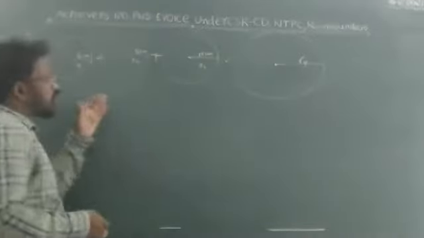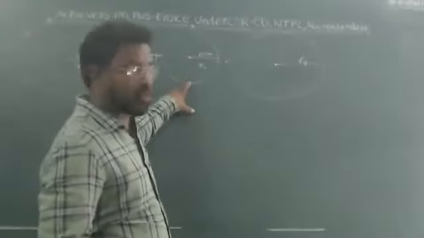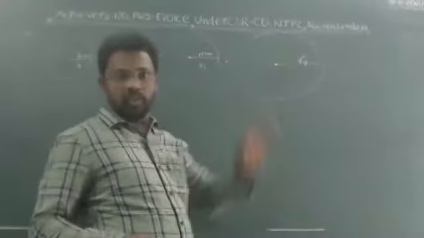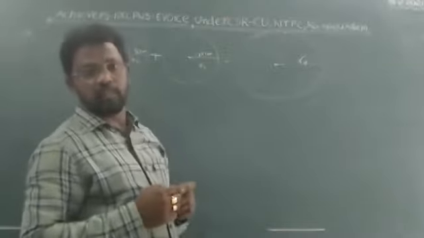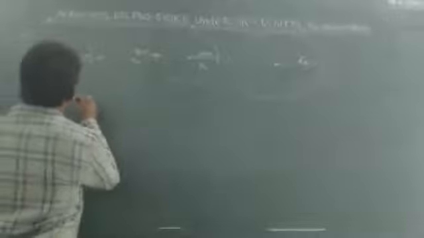Since we know the volume of a sphere, add these three volumes and convert into the larger one. So this is a very simple question, but you have to do it like this.